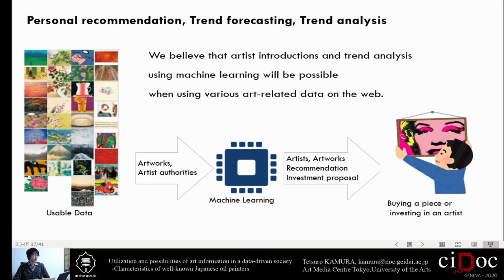In this way, it is possible to recommend buying artworks and provide trend forecasting and trend analysis for the art community. We believe that artist introductions and trend analysis using machine learning will be possible when using various art-related data on the web.